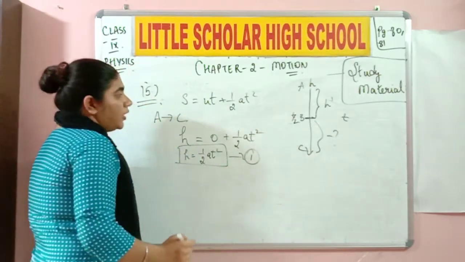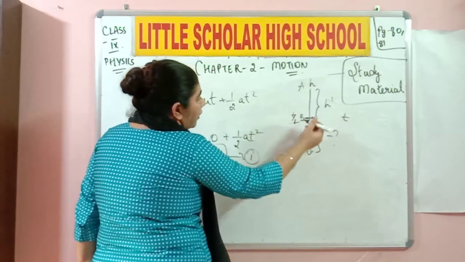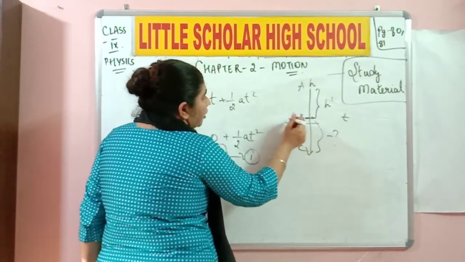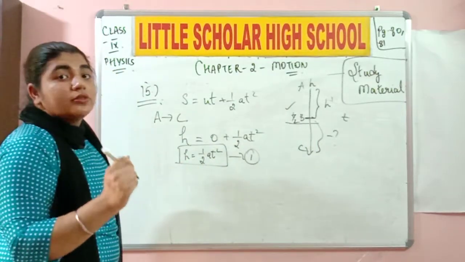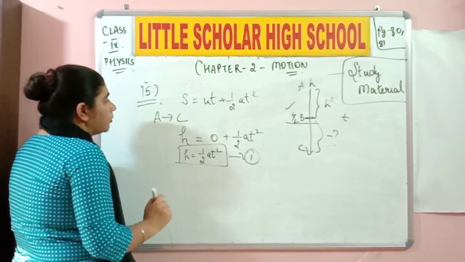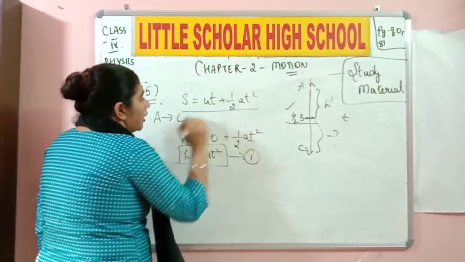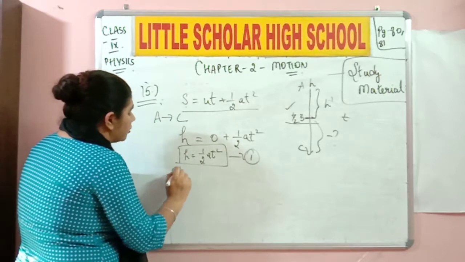Now let's talk about the second instance, when the body is falling down and has reached the particular time called t by 2. At that particular time t by 2, what is the distance traveled? We need to find that first. Use the same equations of motion, but in place of distance traveled, you are going to use h dash over here.